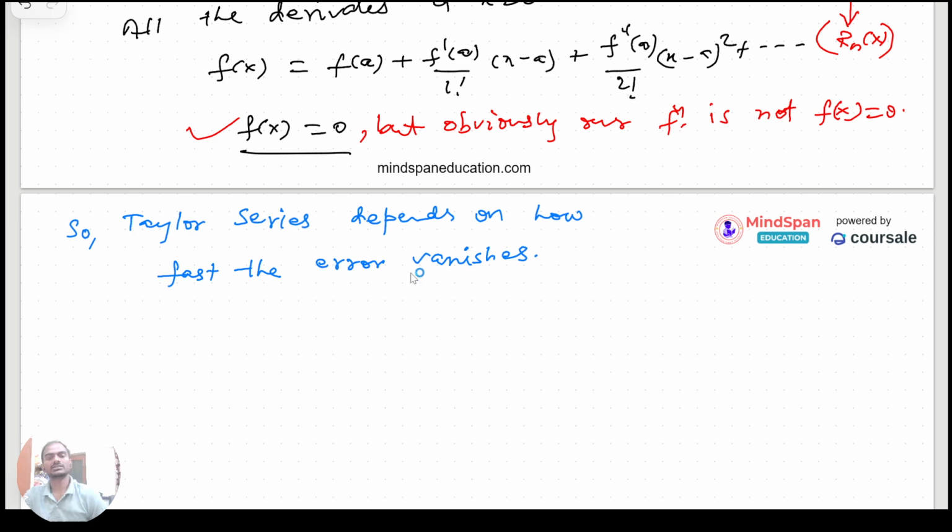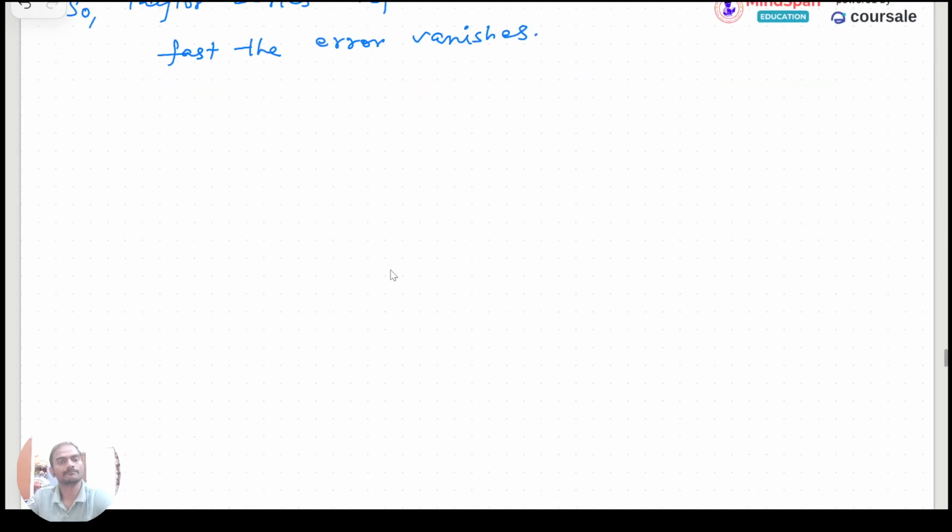Means how fast this error is going towards 0. Okay, if it is not going towards 0, if we move infinitely many times, then Taylor series will not be able to approximate the function completely.